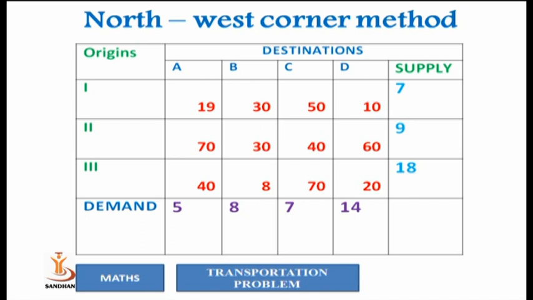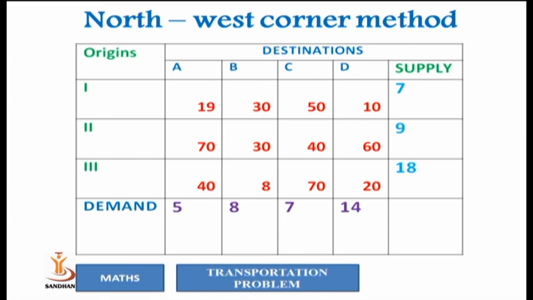Here, there are 3 origins, origin 1, 2 and 3. We have 4 destinations A, B, C and D. Origin 1 has 7 units to supply, origin 2 has 9 units to supply and origin 3 has 18 units to supply. On the other side, the destinations A, B, C and D require 5, 8, 7 and 14 units respectively.